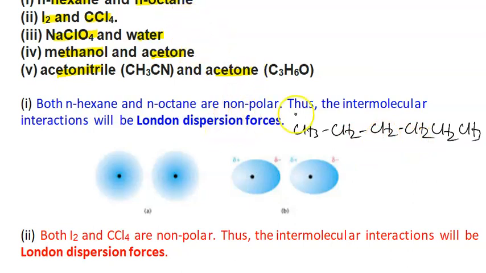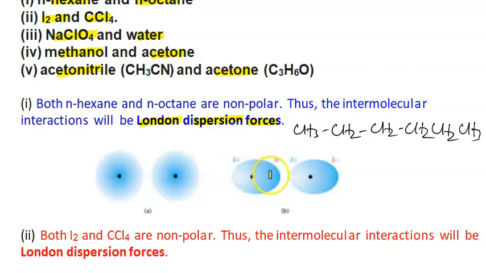That means the intermolecular interactions will be London dispersion forces. If the molecules are nonpolar, the electron cloud is uniform around the nucleus. At some moment, the electron cloud shifts to one side and the nucleus to the other side. As a result, the molecule becomes temporarily polar.